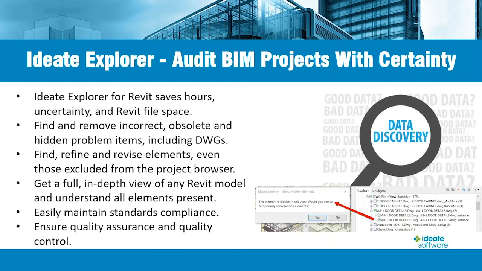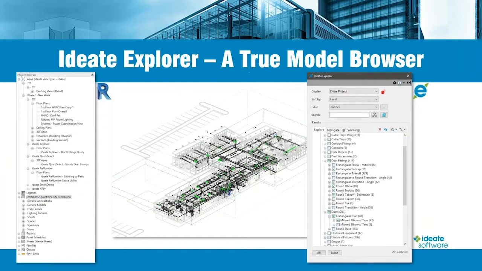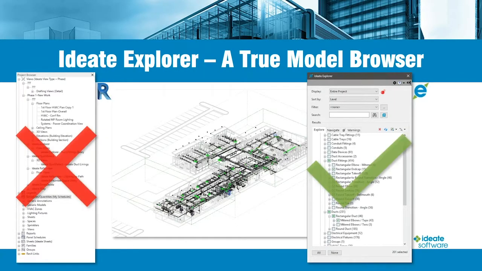The project browser is only going to give you some things that are in the Revit project. But Ideate Explorer will give you everything. That's why I highlight here, find, refine, and revise elements, even those that are excluded from the project browser. Ideate Explorer is really a true model browser. It's doing something that the project browser was not intended to do.